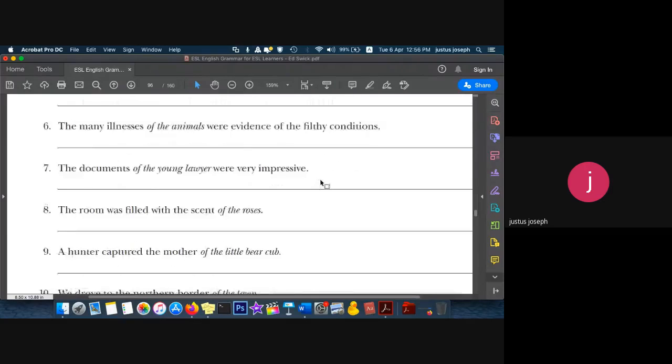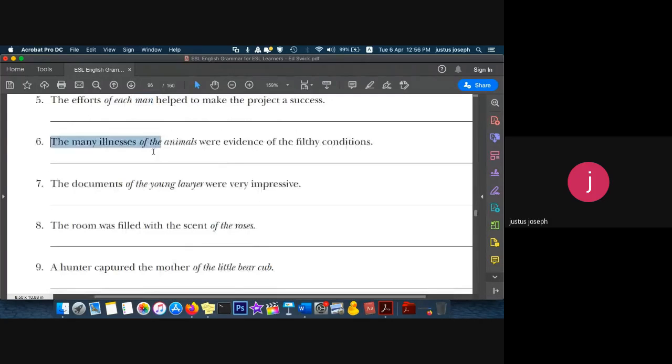Okay. The many illnesses of the animals were evidence of the filthy condition. Now how will you write animals here? It's already got an S. After S, you will put an apostrophe. That's all. So what does this mean?